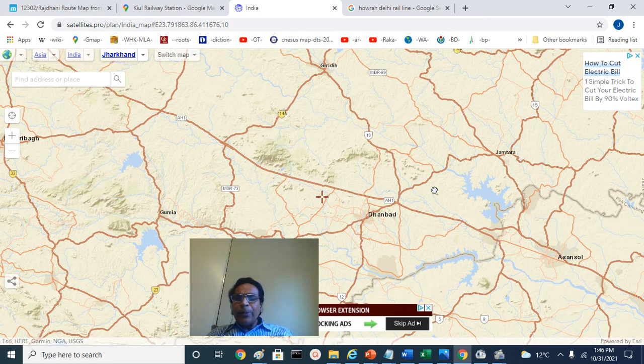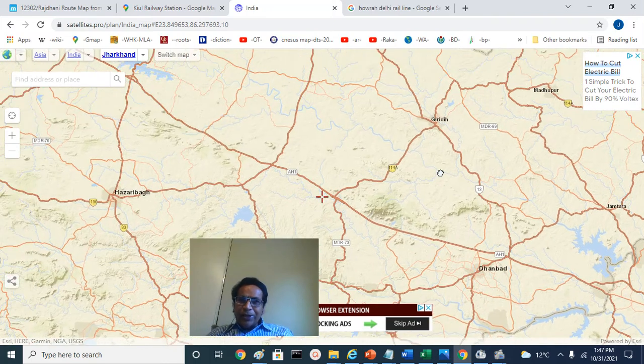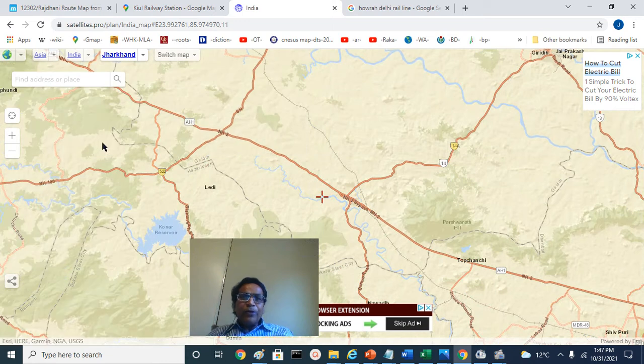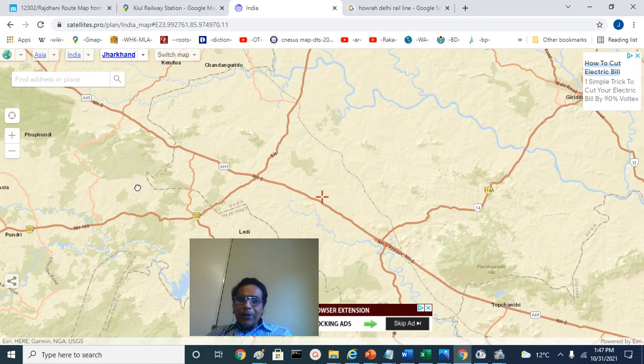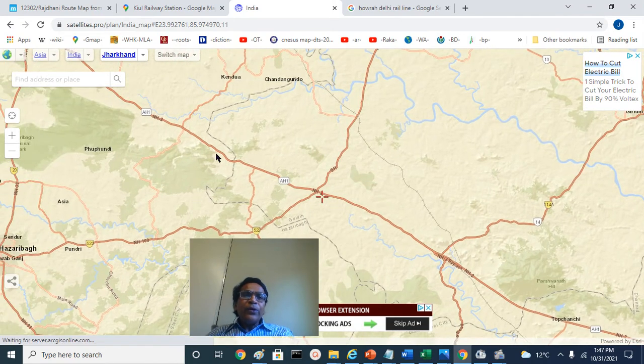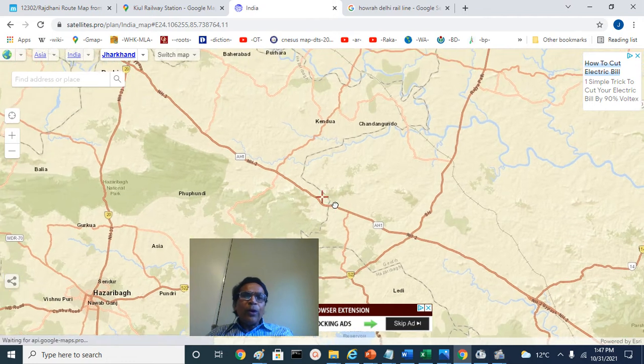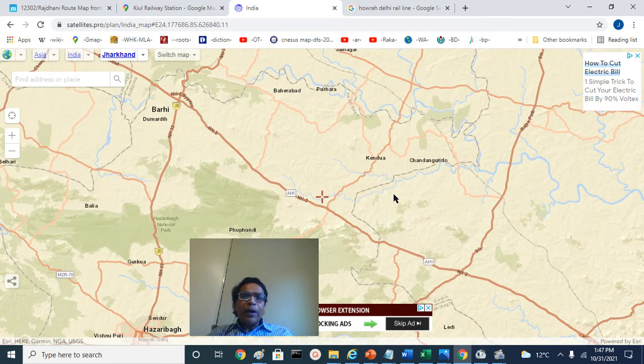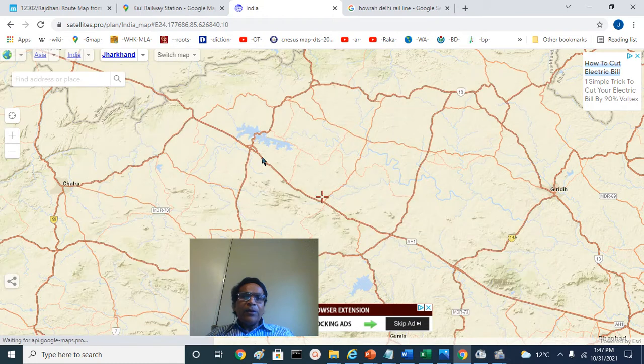In fact, the highest height it covers is about 330 meters or so near Koderma, that is near the Parasnath area in Jharkhand, and the Hazaribagh plateau is much lower than the surrounding Dhanbad plateau, and it doesn't go to Koderma, it goes close to Koderma actually. That's the major town in that area.